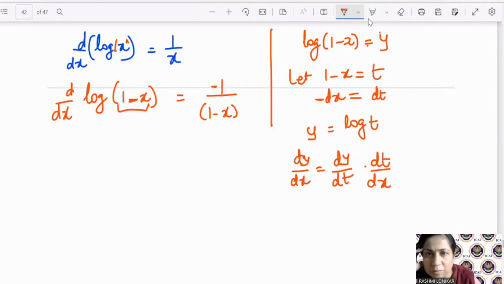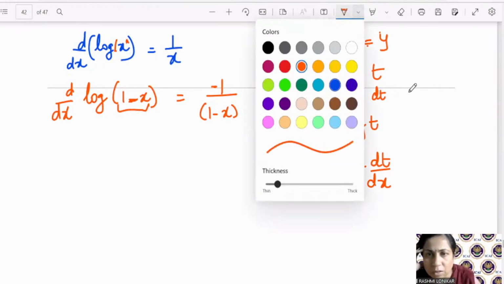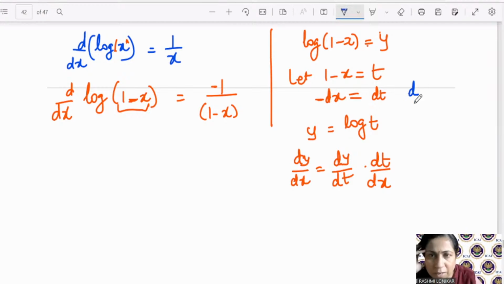From here, dt by dx is equal to how much? dt by dx is equal to minus 1. Okay, this minus 1 is there. Now, how much is dy by dx? dy by dt, y is equal to log t, it will be 1 upon t. dt by dx is equal to minus 1. And resubstitute, I resubstitute value of t.